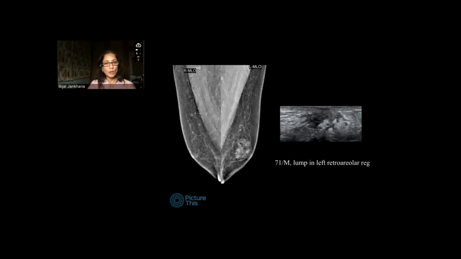This is also a time when I will call it a BI-RADS category 0, and we'll do a mammogram and know that this is nothing but gynecomastia in the breast. I would definitely not biopsy this and give it as a BI-RADS category 2.